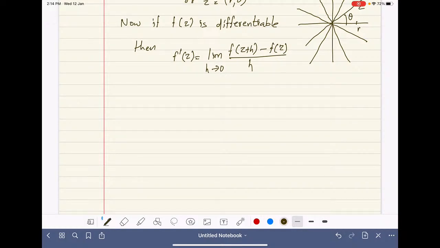So suppose h is approaching 0 along a radial axis or path where theta is constant.